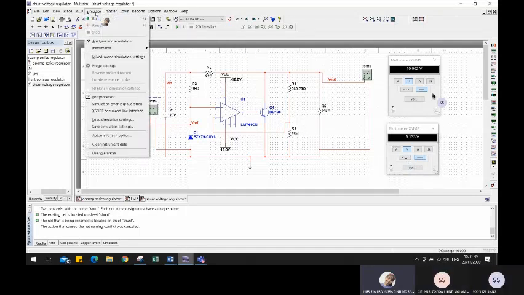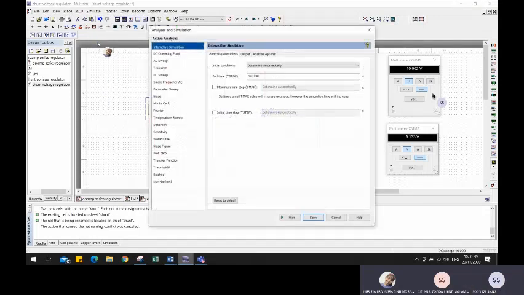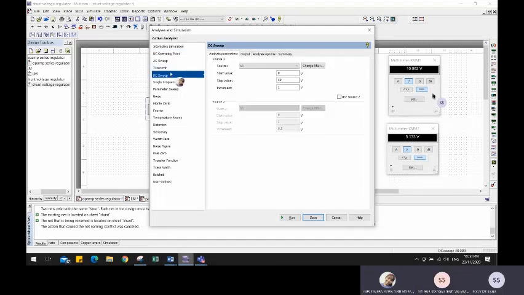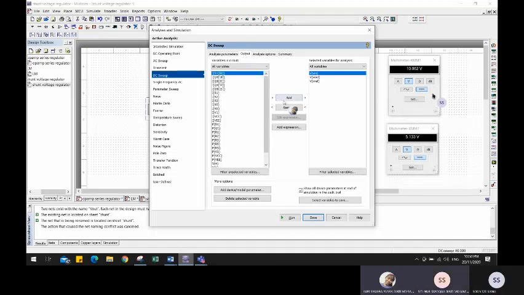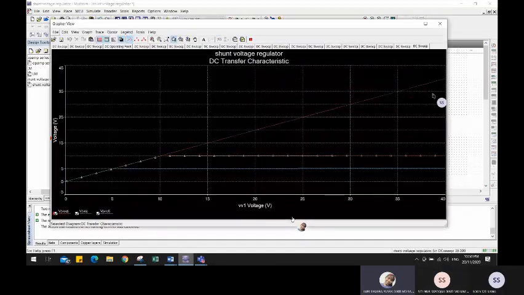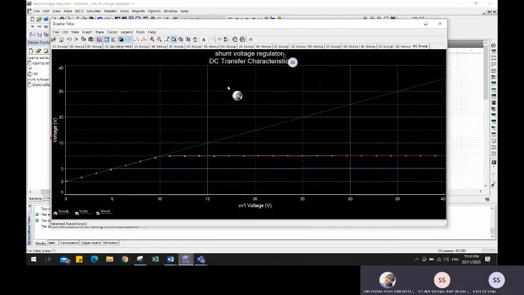I'm going to do the same and show the simulation first, DC switch. Everything is just the same as what Sun said earlier, so I'm just going to run this and look at the wave.